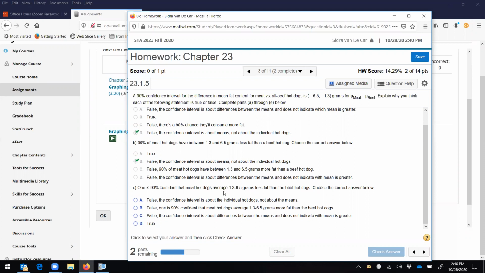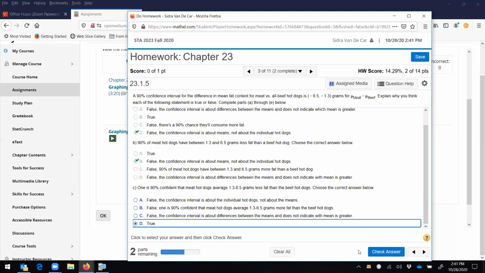Meat hot dogs average 1.3 to 6.5 less. No, the meat is not more, because that would be if we were positive. So it should be true.